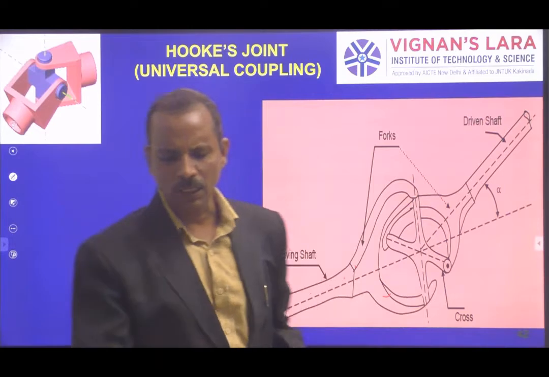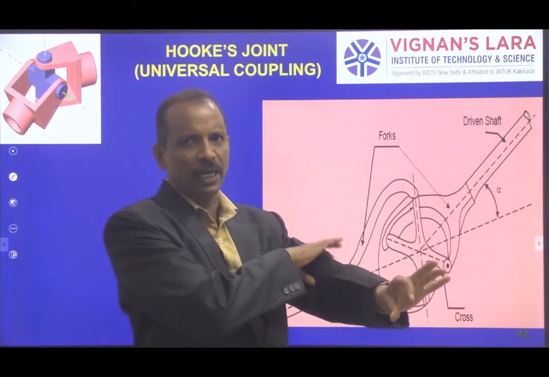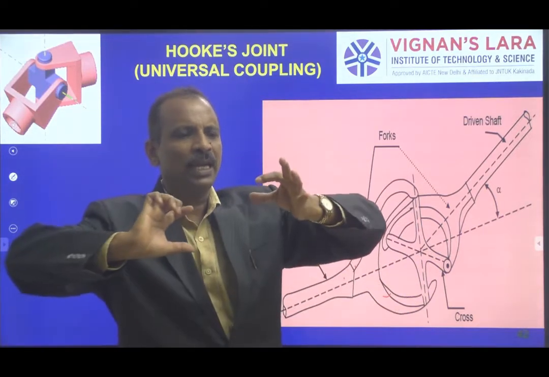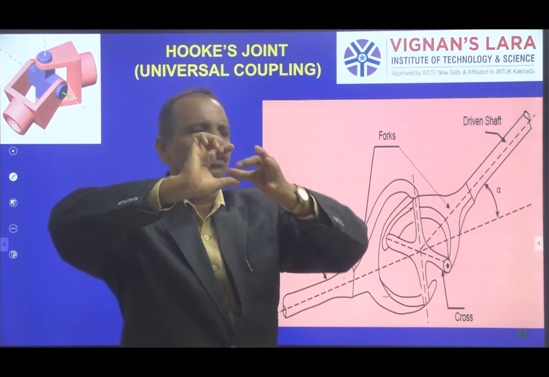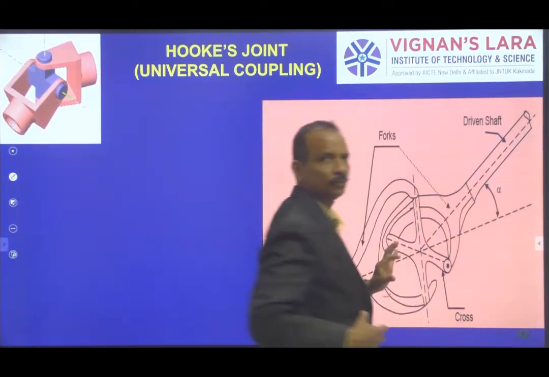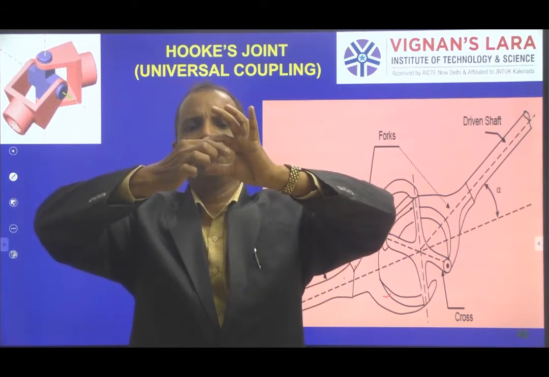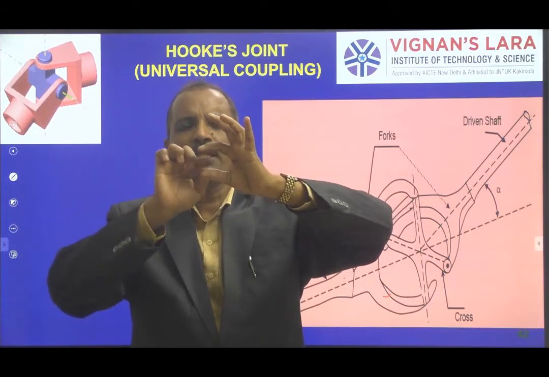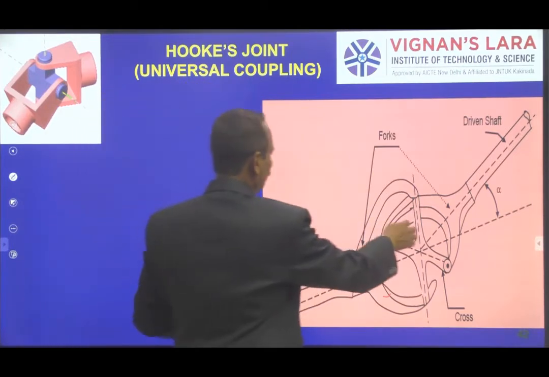This is nothing but two spanners. You can imagine there is a spanner with a hand and there is another spanner like this. Spanner A and spanner B. You keep them mutually perpendicular like this. This is spanner A and this is spanner B. If I am able to connect these two spanners by means of a yoke or a cross, that is what you can see.